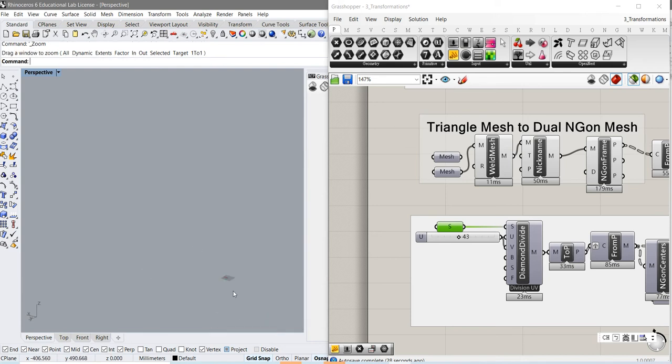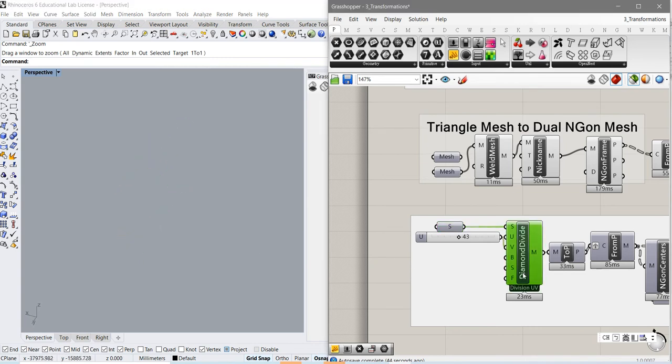Where is it? Oh, it's far away. This is another surface. I think there is something wrong with the rendering engine. It shows only the boundary, which is weird.